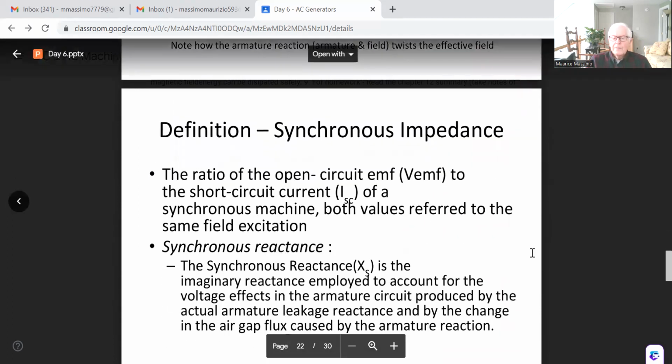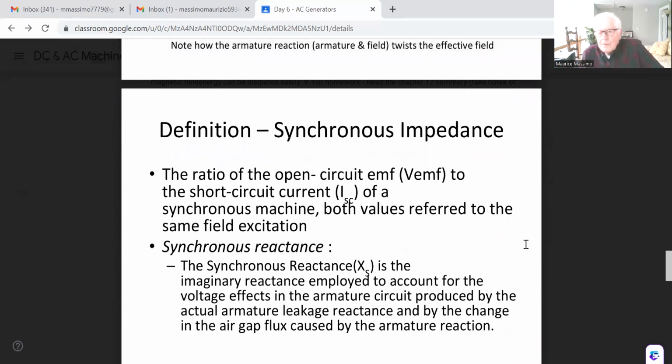In order to discuss that, we first come up with what we call a synchronous impedance. A synchronous impedance is a ratio of the open circuit EMF that's produced, with no load.